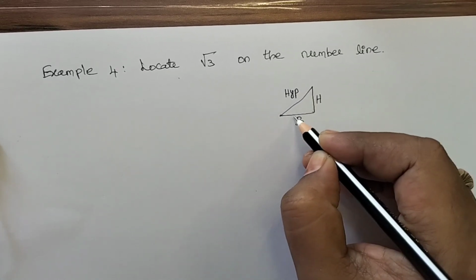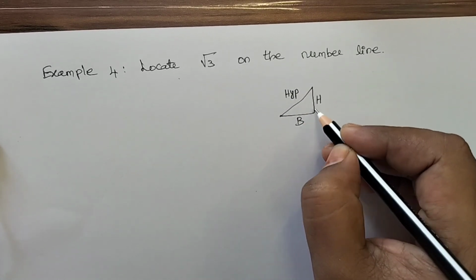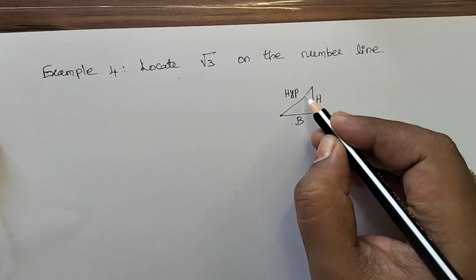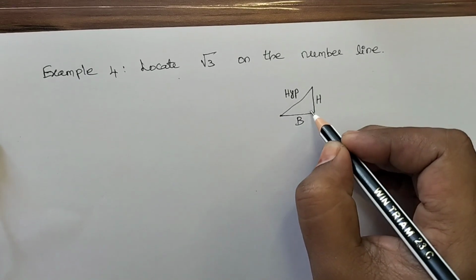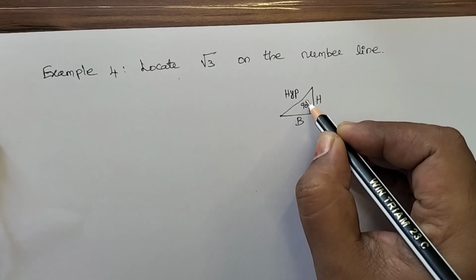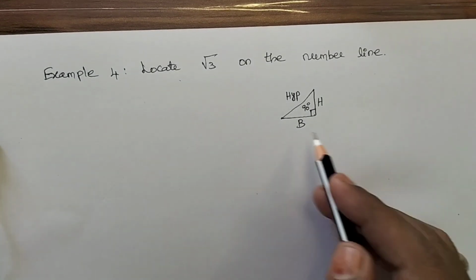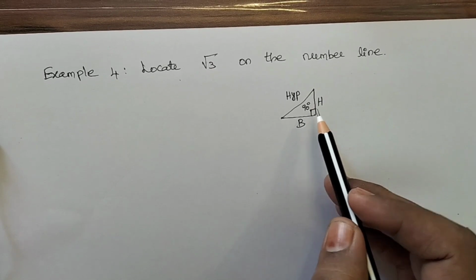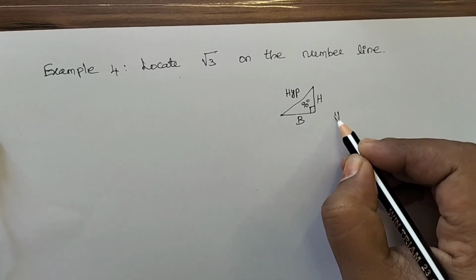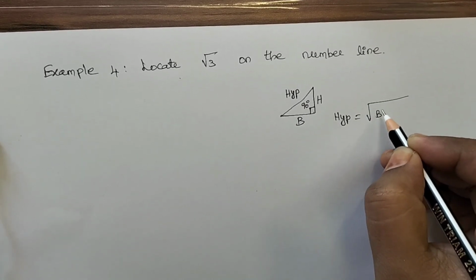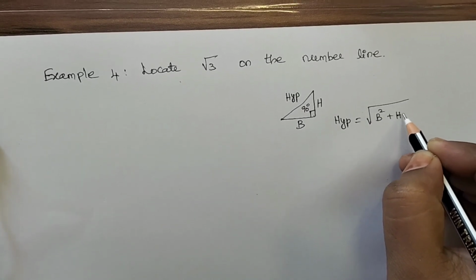We can call this the base or adjacent side, this one the opposite side or height, and this side is nothing but the hypotenuse. Here we have a right angle, that is 90 degrees. Using the Pythagoras theorem, hypotenuse is equal to root of base square plus height square.